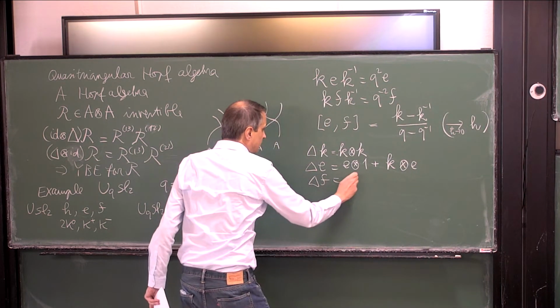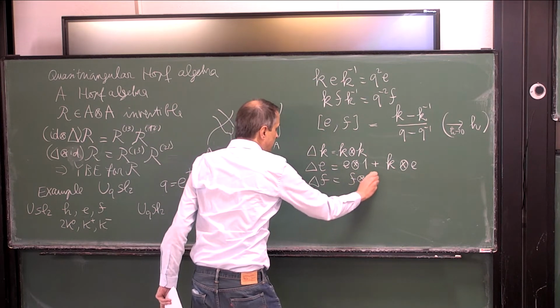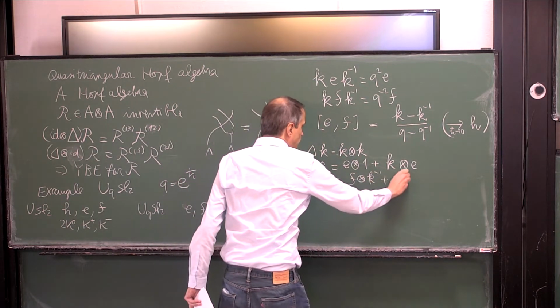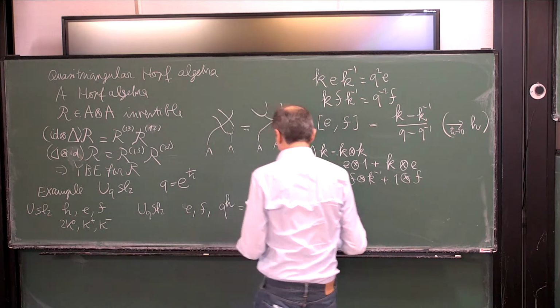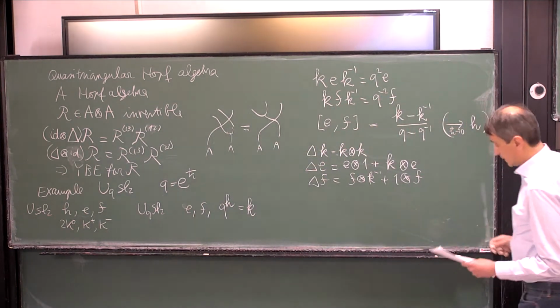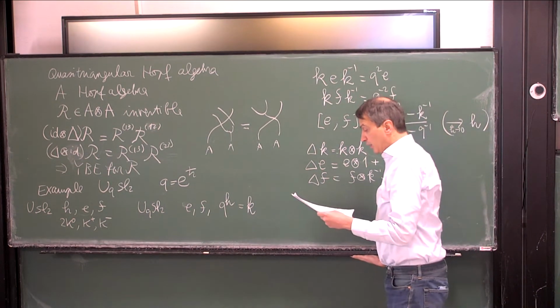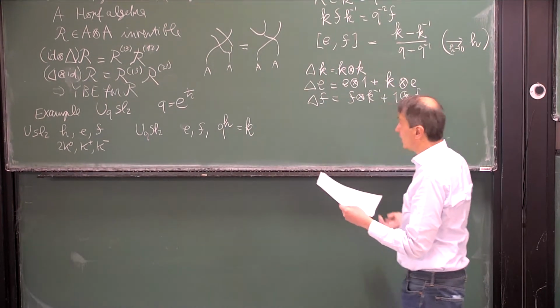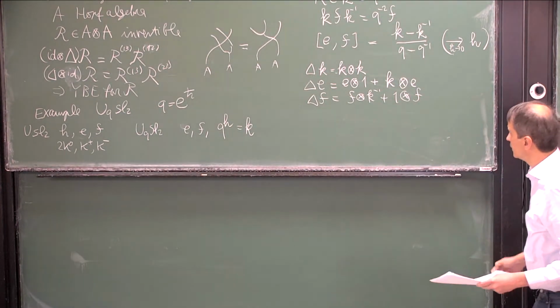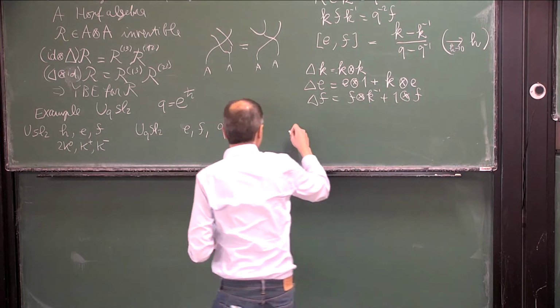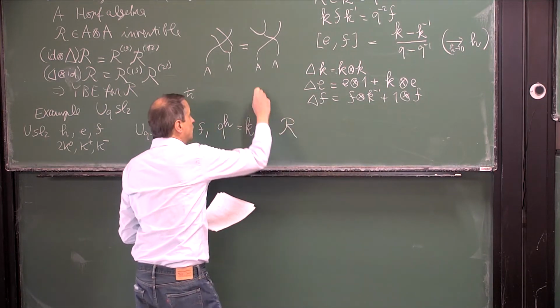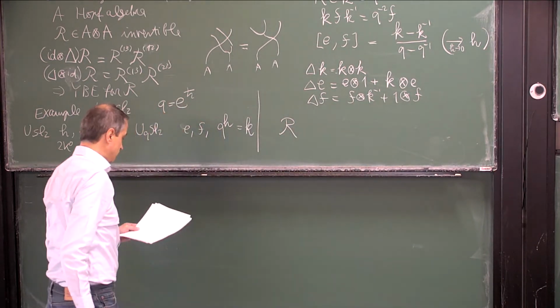And you have f times q minus 1 plus 1 times f, and you have formulas for S and for the antipode and so on, but maybe I will not write everything. What I want to write is the formula for the R matrix, and then this explains what Wilson has to say about how to improve this formulation.